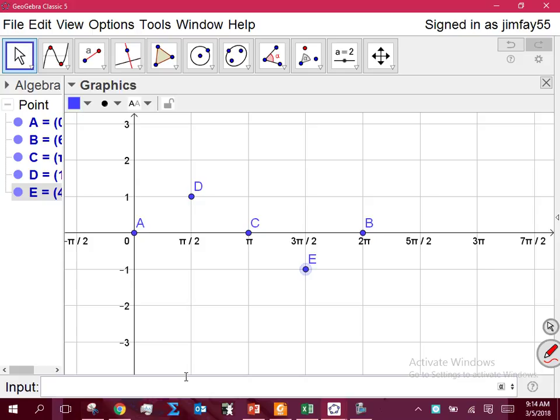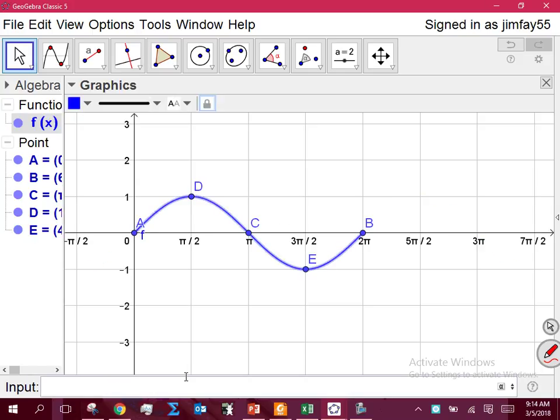If I connect them with a smooth curve, for x between 0 and 2π, that's what you get, right? That is what we refer to as one cycle, or revolution, around the unit circle.